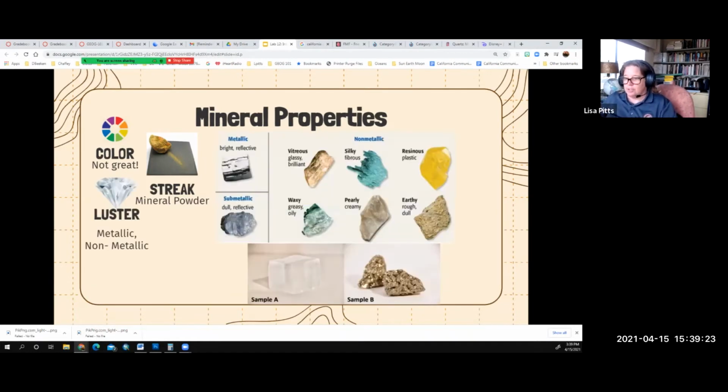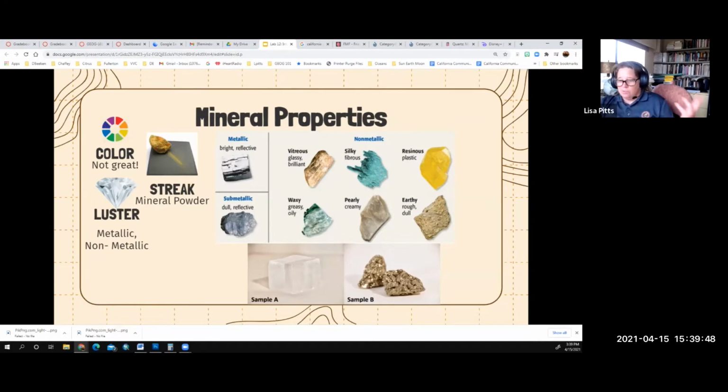Next is luster. Luster is the way that light reflects off the surface of a mineral and to what degree it penetrates. There are basically two types of luster: metallic luster and non-metallic luster. Within metallic luster, there's shiny and there's dull.